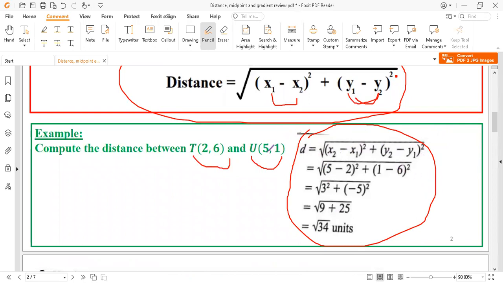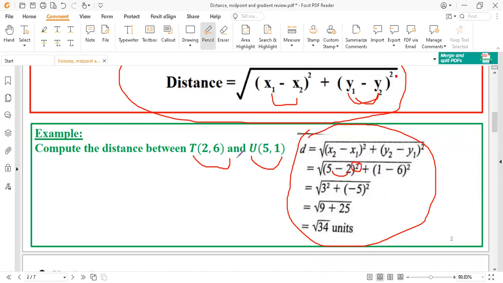Normally we should find the difference between the abscissas. We can use 2 minus 5 or 5 minus 2, because the difference is squared. So if we say 5 minus 2 squared or 2 minus 5 squared, it is the same.